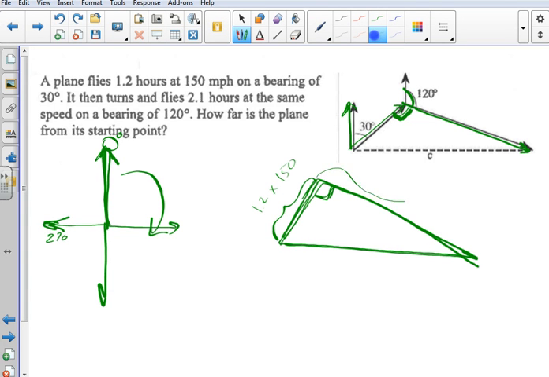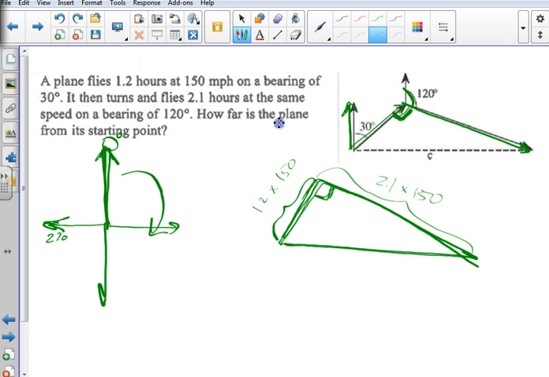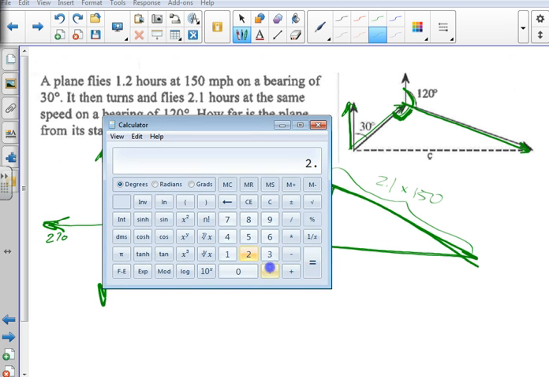This distance here is going to be 2.1 hours at the same speed, so times 150. So 1.2 times 150 is 180. So this side is 180. And the other side's 2.1 times 150. That's 315.